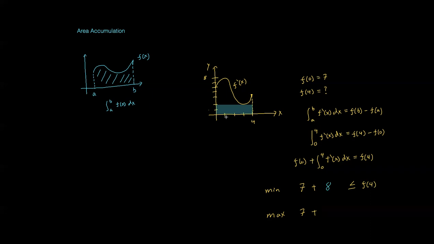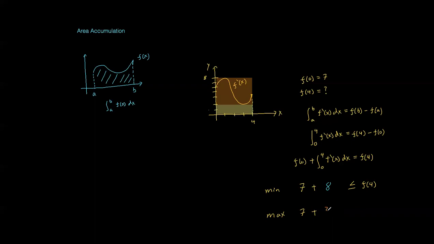Now, what if I switch this around? I want to know what a good maximum estimate is. Going back over here, let's say I'll use orange. I go over this interval and start estimating, all the way up, and maybe I go to 8. Then 8 times 4, 32, is the maximum estimate I would have for the area of this shape.